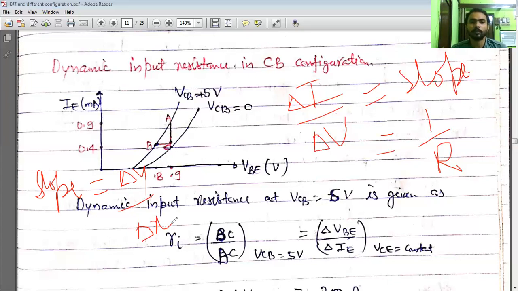Remember class 12th mathematics: slope is del y by del x. On the y coordinate we have the current, and on the x coordinate we have the voltage.